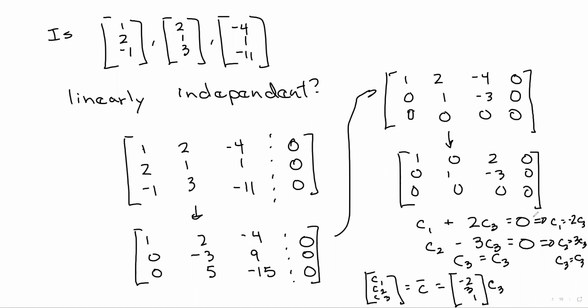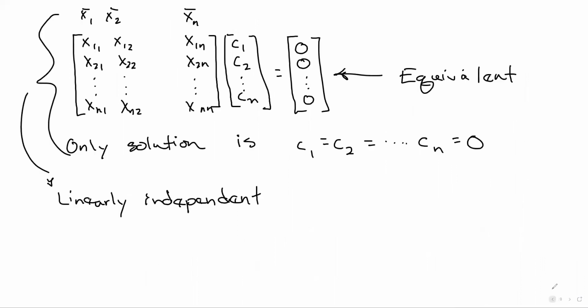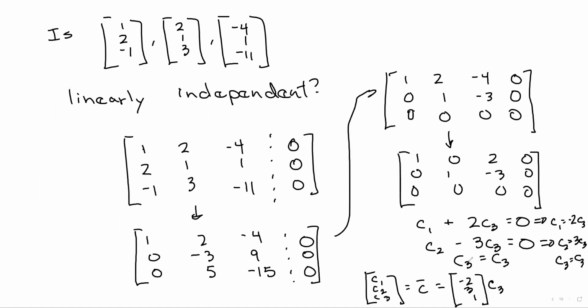So what was our circumstance under which we got linear independence? We said that if we have this, and the only solution is this, where we get all zeros, then it's linearly independent. So was the only solution that C1, C2, and C3 had to all be 0?